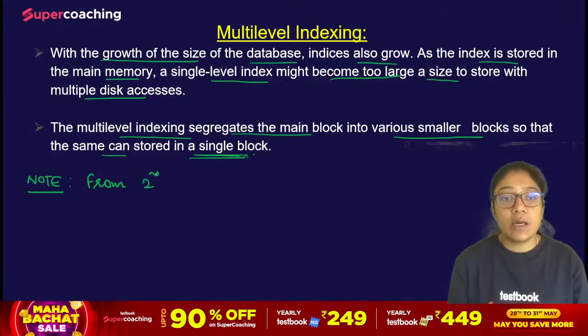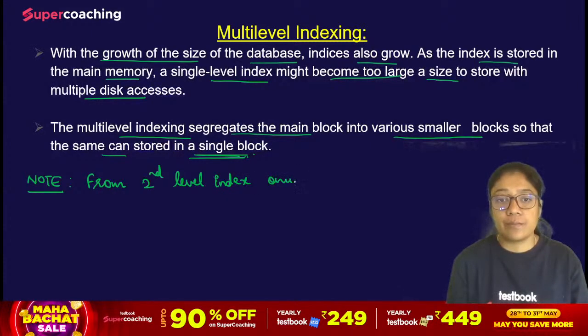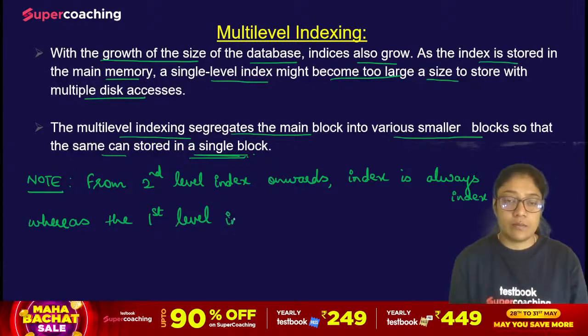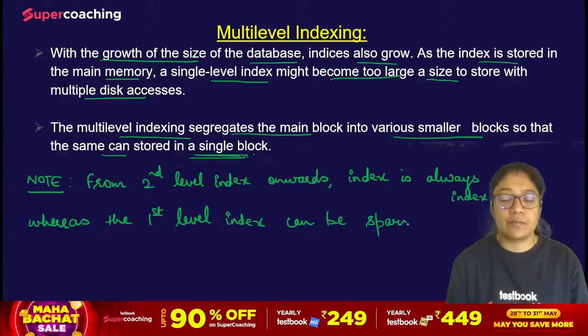But from second level index onwards, index is always the sparse index, whereas the first level index can be sparse or dense index.